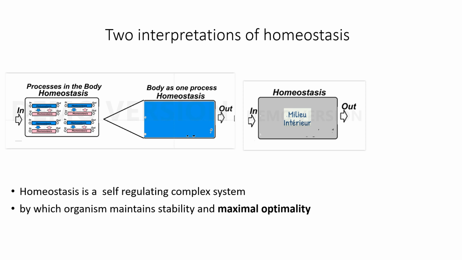But what we are interested in here is the homeostasis of the entire body, or the upper process of the complex system, and therefore when we speak of homeostasis, we are speaking of the state of the homeostasis of the body.